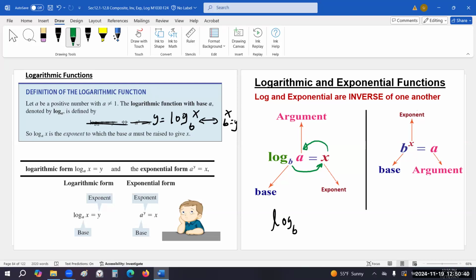So b to the power x equals a. Now this we like, because it's exponential and easier to work with. So log and exponential can be rewritten either way.